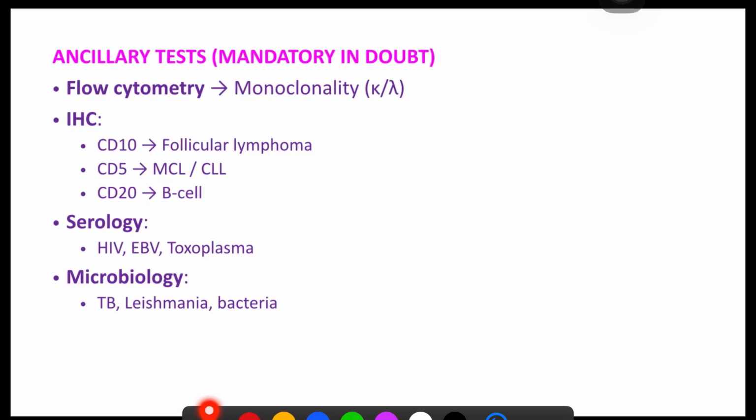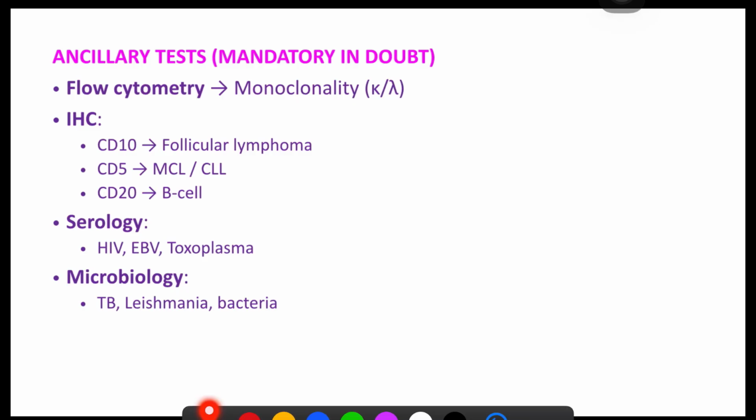And ancillary tests are mandatory in doubt because they help us to rule out malignant from non-malignant lesions, like monoclonality of kappa and lambda chain, IHC, and serology and microbiology are helpful to rule out infectious lesions.